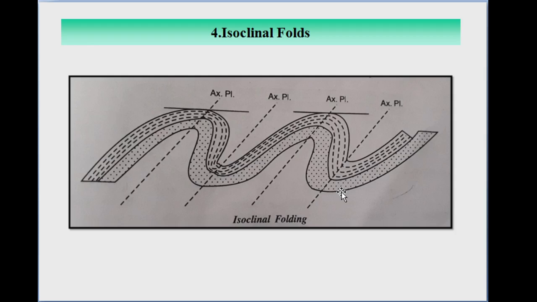So isoclinal fold indicates a group of folds where the axial planes are parallel to each other and all the limbs are dipping equally, or in equal amount. This isoclinal fold shows a series of anticlines or sometimes synclines. This is the fourth type of fold, the isoclinal fold.